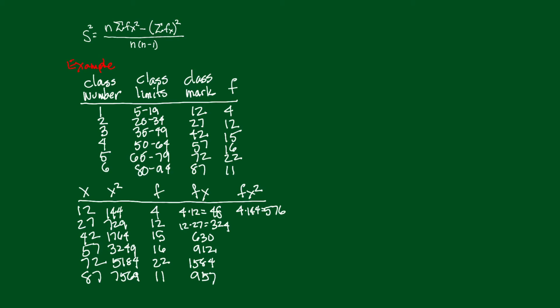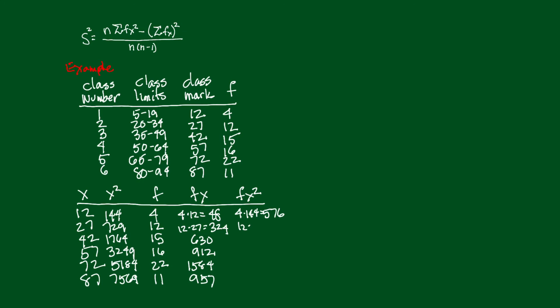All right, so this is 12 times 729, 8748. I'm just going to write the rest of them down. Okay, the next one, 15 times 1764 is 26,460.